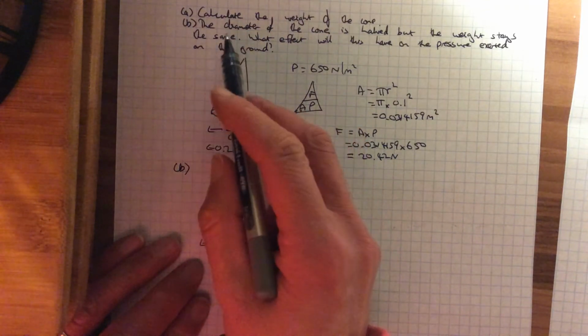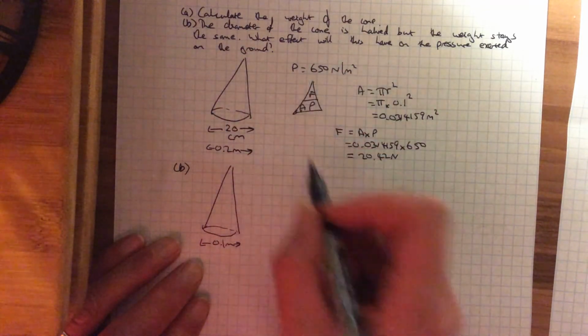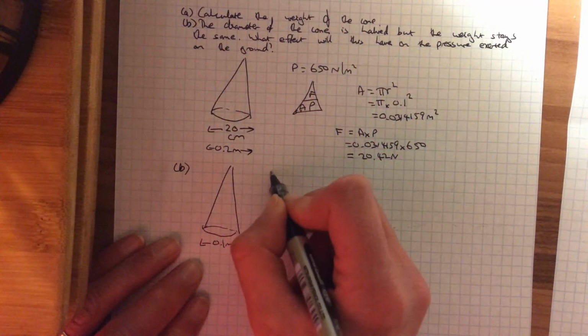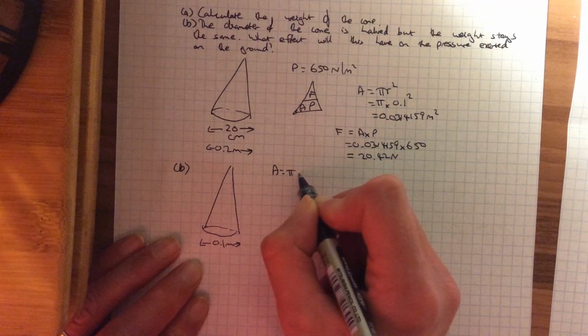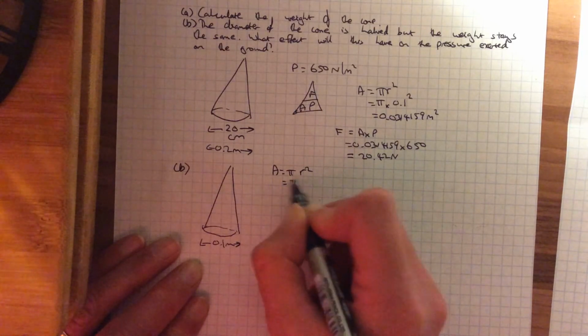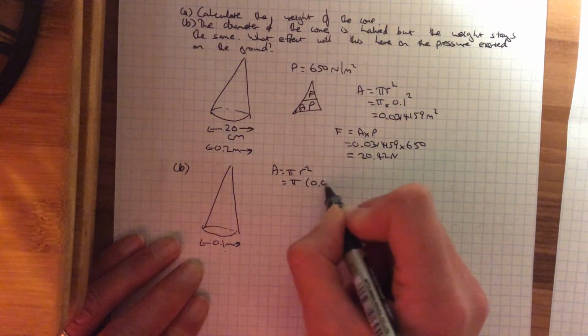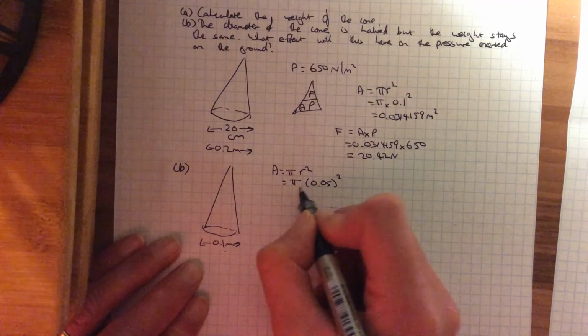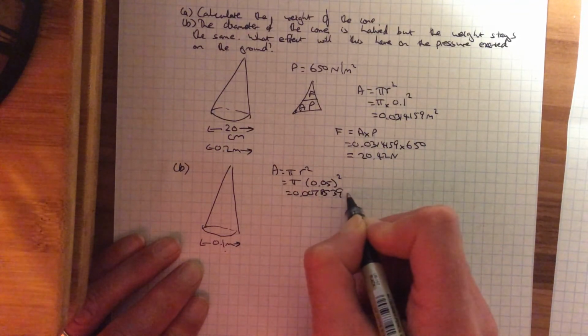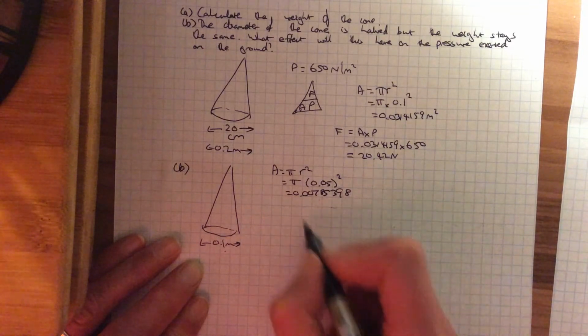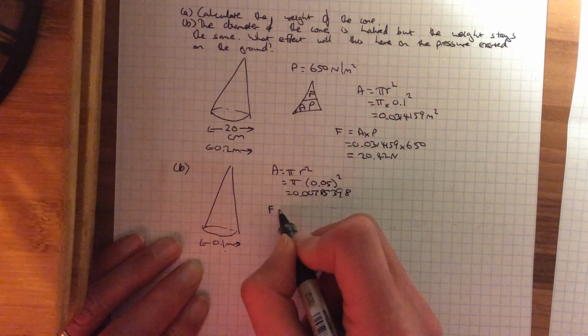Okay. What effect does this have on the pressure? So pressure is going to be different. The area is going to be different. Pi r squared. Your radius is half that. So 0.05 squared, which is 0.00785398. Now the weight of it stayed the same.